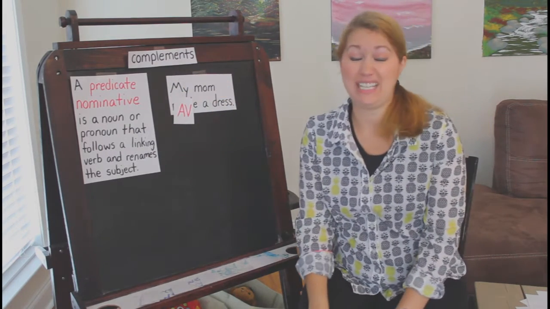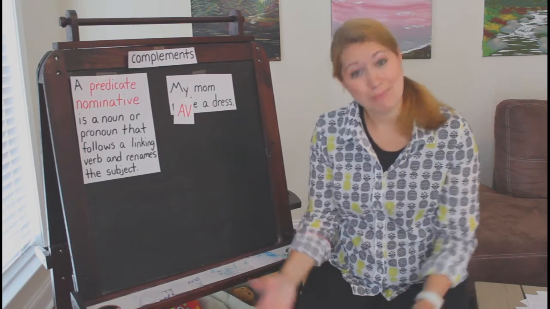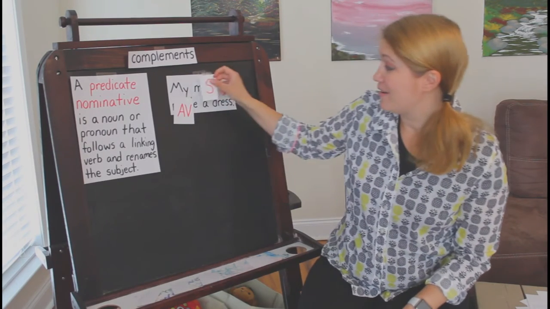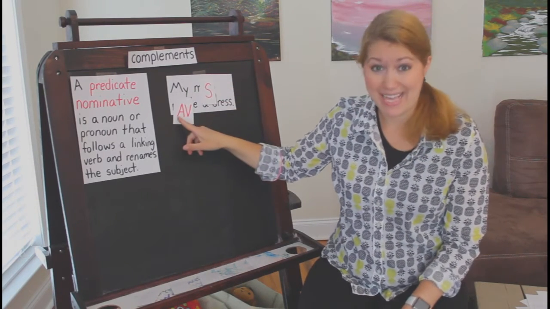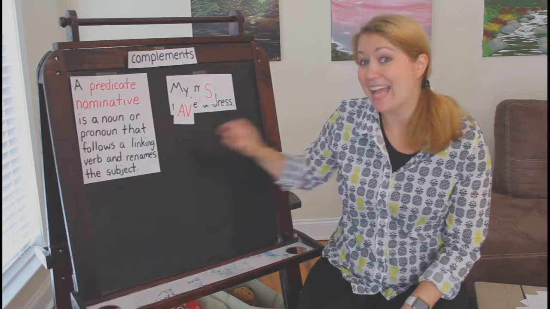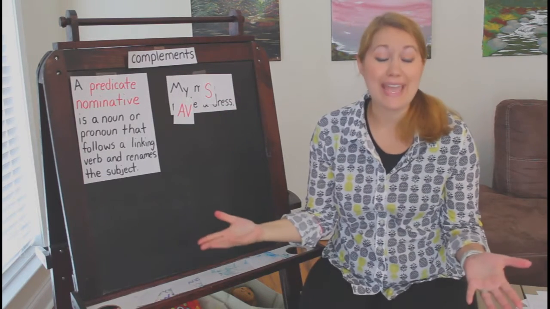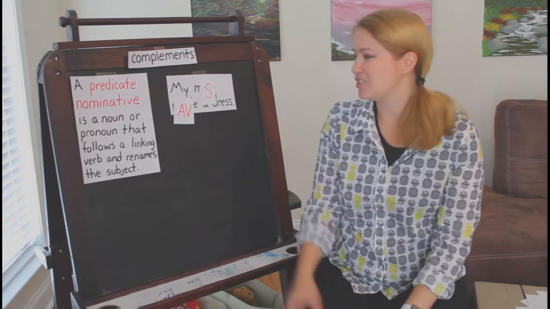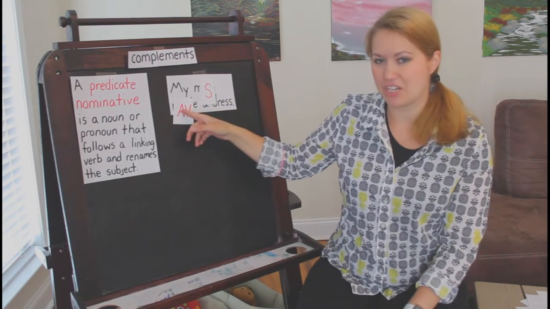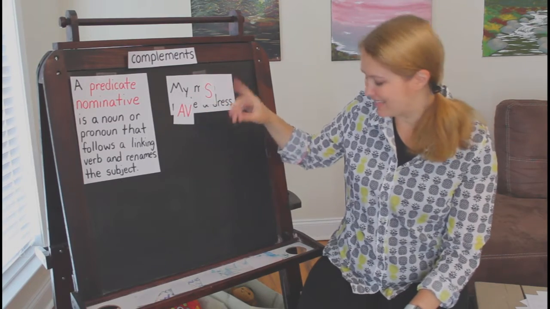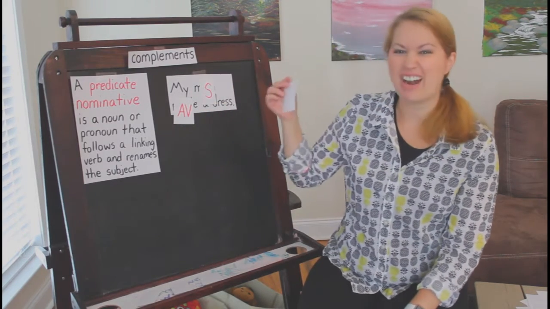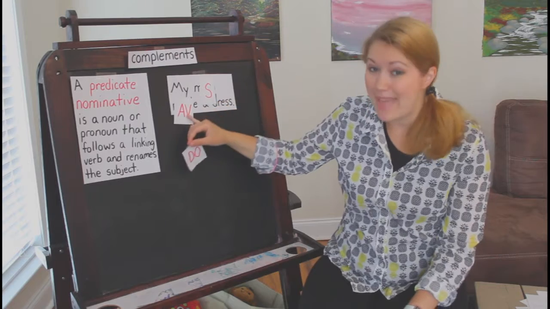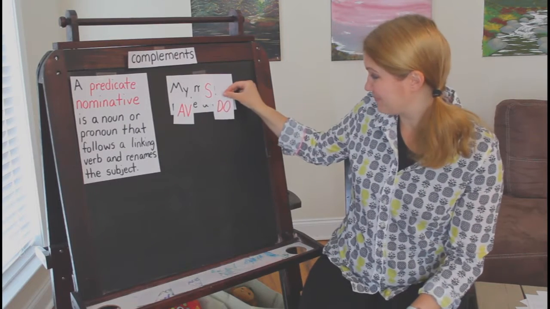Who did the making? Mom. So mom made, we have a subject and an action verb. What did they make? We've got that question what again? That answers the question what for an action verb. A direct object. So we've got our direct object, mom made a dress.